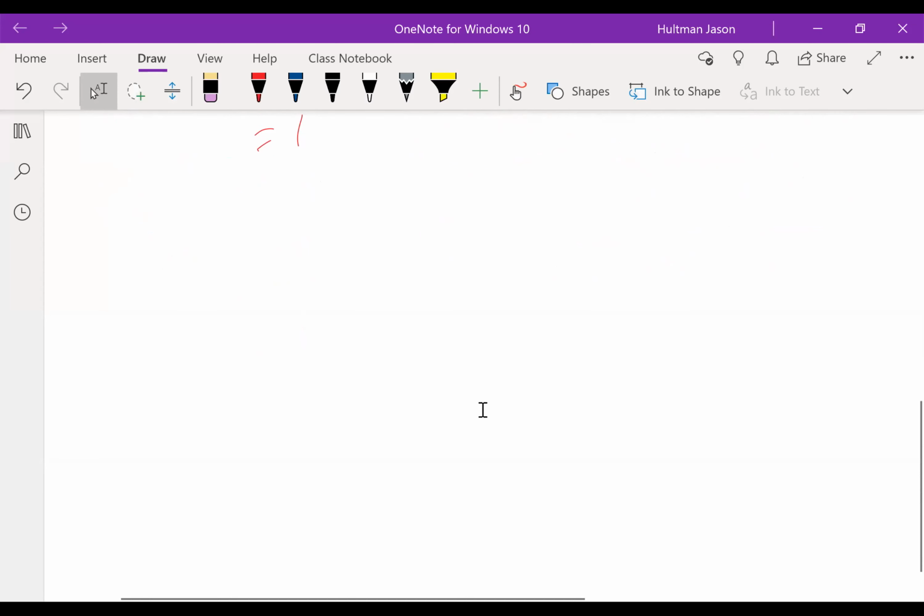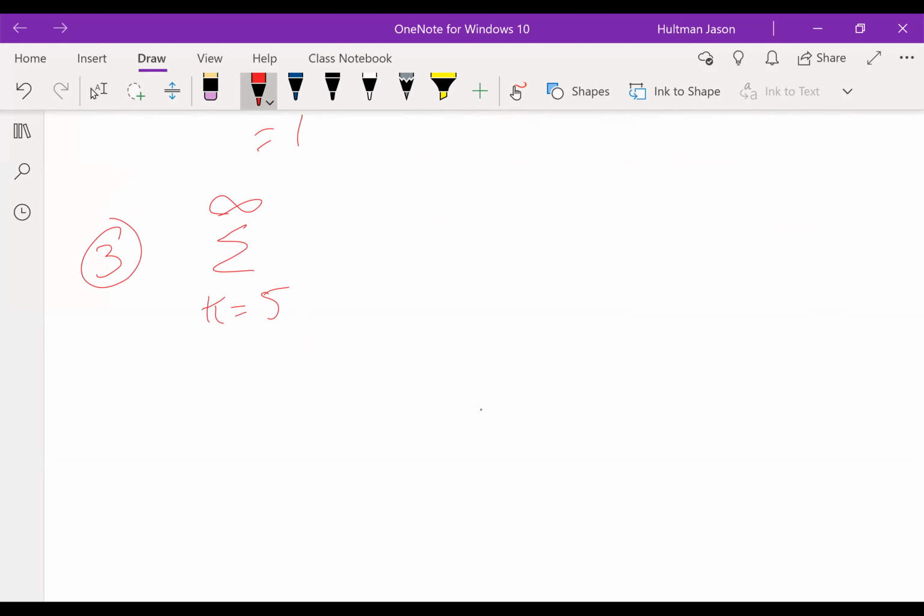Okay, so number 3. It's not a horrible integral, but it's good enough. So we want the summation k equals 5 to infinity, and we want to know if this thing converges or diverges, right?